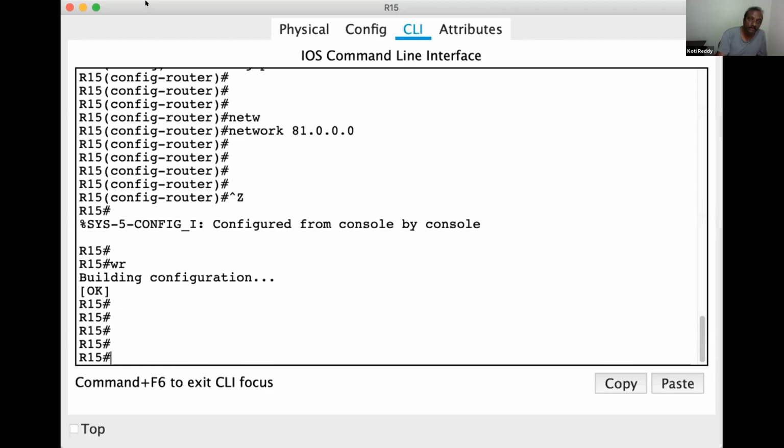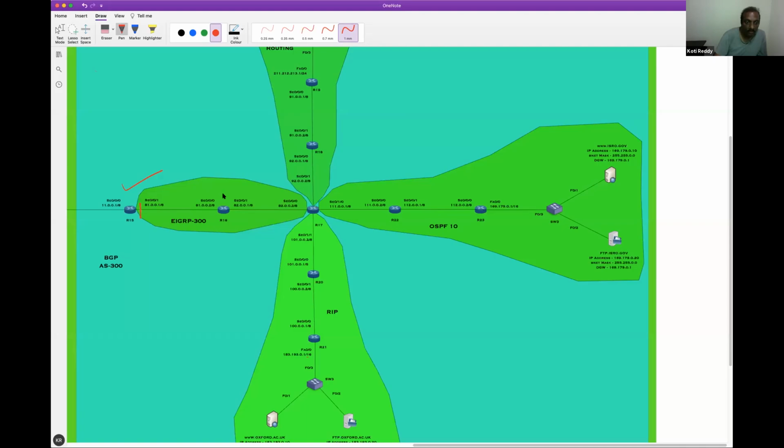Similarly, I go to the R16 router and enable it on serial 0/0/0 and now serial 0/0/1 on R16, both 81 and 82 networks.